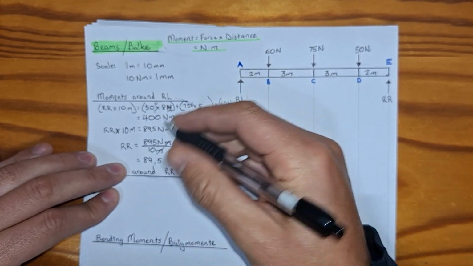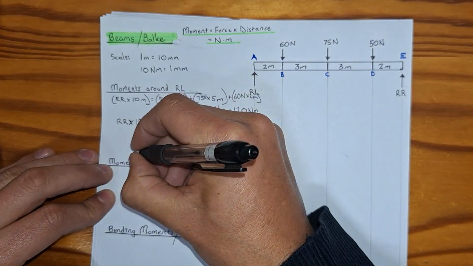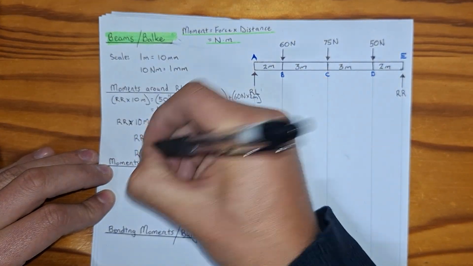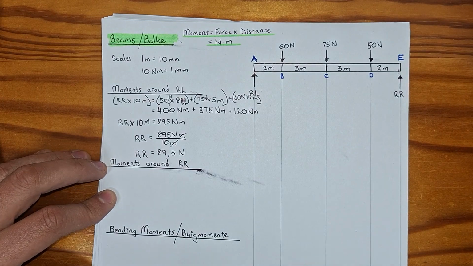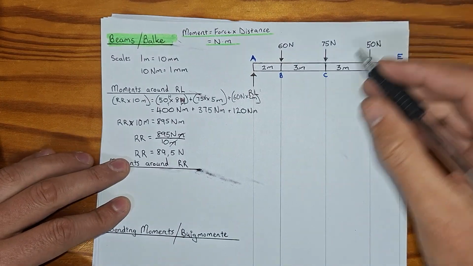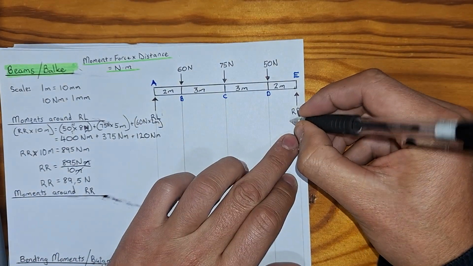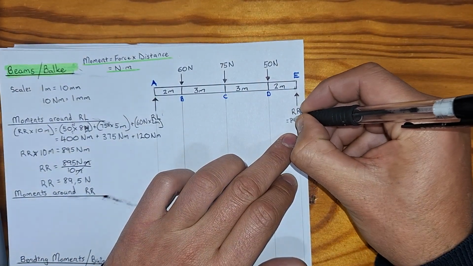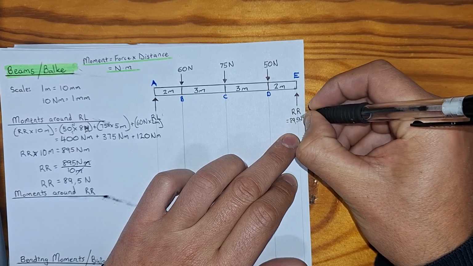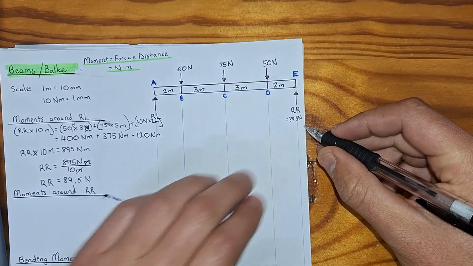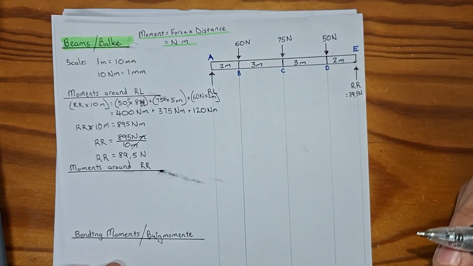Meters cancels with meters, so we are left with newtons. Okay, so reaction right is equal to 89.5 newtons. So now we will add it over here, equals 89.5 newtons, just to help us with the calculations of the bending moments and the shear forces a bit later.